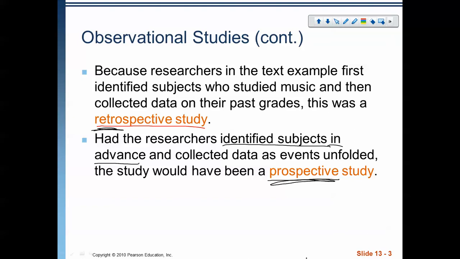They'll record things about them when they're babies, and then they will follow them for 20 years or 30 years, and every couple of years they'll come back and talk to the twins or have the twins take a survey, and then they'll see where they went in 30 years. Again, prospective study, because we're talking about identifying them early and then following them, rather than a retrospective study which identifies them and looks at their past. Okay. Observational studies.